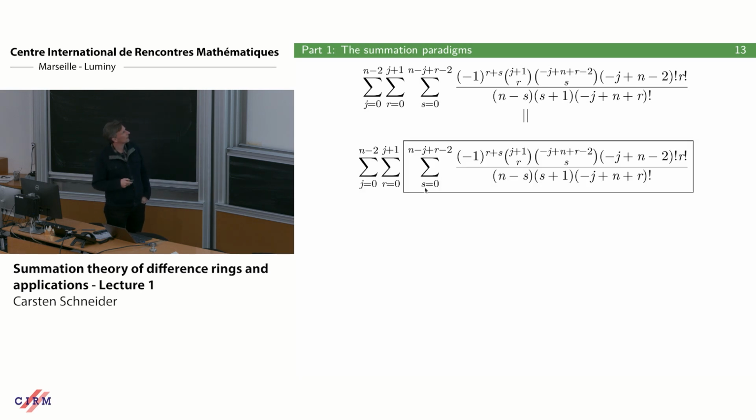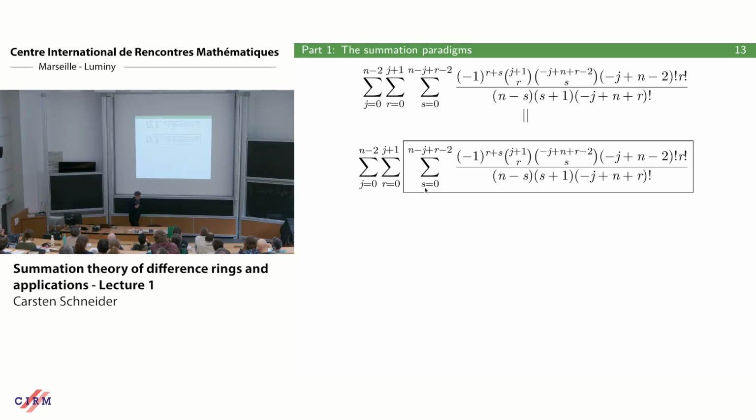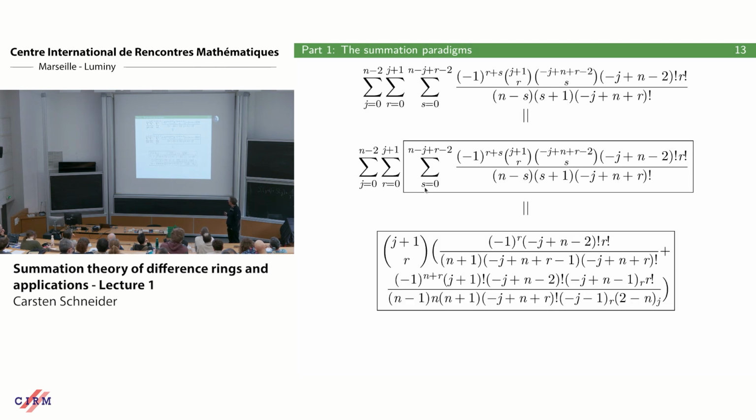So let's look at the inner sum. And I can now, here this is exactly A equals B technology from the 80s, 90s, okay? You can compute a recurrence. You can use, for instance, Marko Petkovšek's hyper algorithm to compute hypergeometric solutions. You find linear combinations, and then you find this closed form.